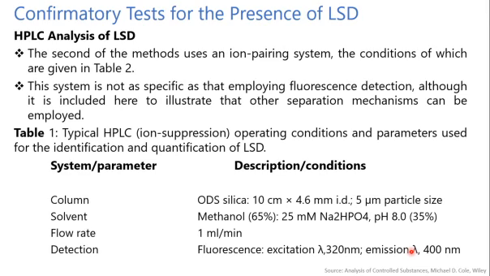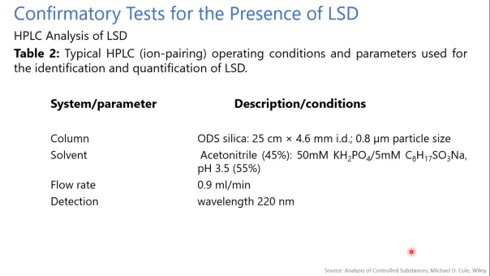Then the solvent: methanol 65% and 25 millimolar sodium hydrogen phosphate having pH of 8.0, the buffer solution having a proportion of 35% while methanol is 65%. Flow rate is 1 ml per minute and detection is by using the fluorescence detector having excitation wavelength 320 nanometer and emission wavelength 400 nanometer.